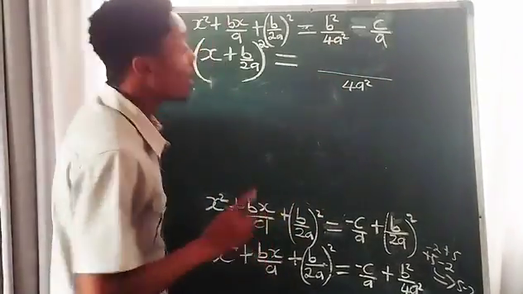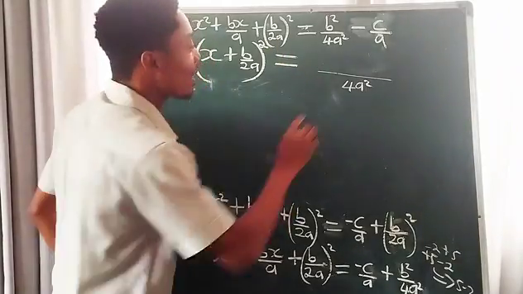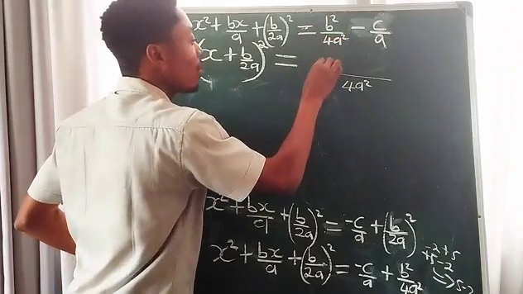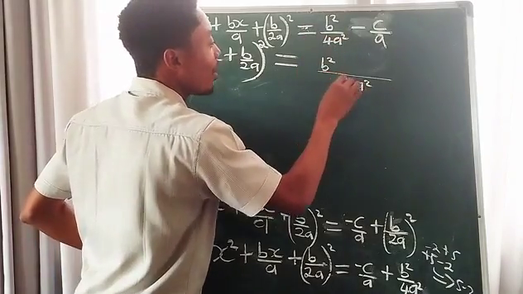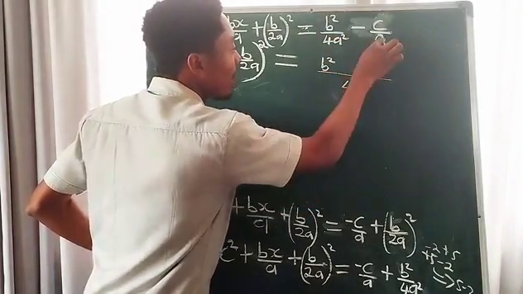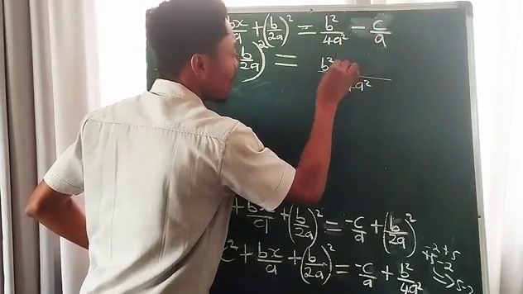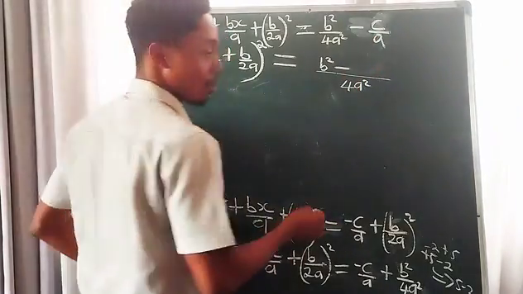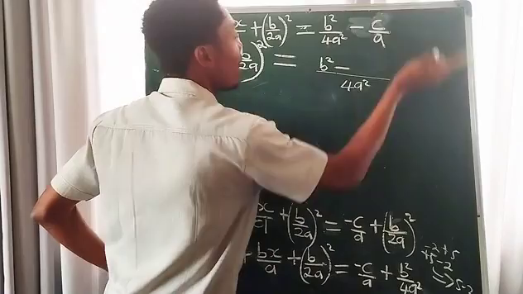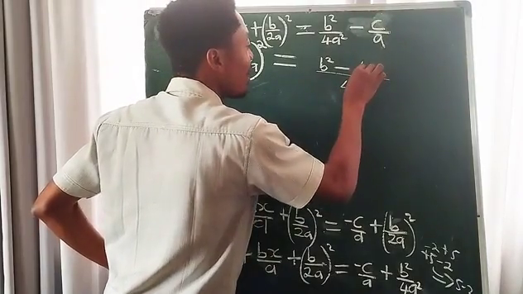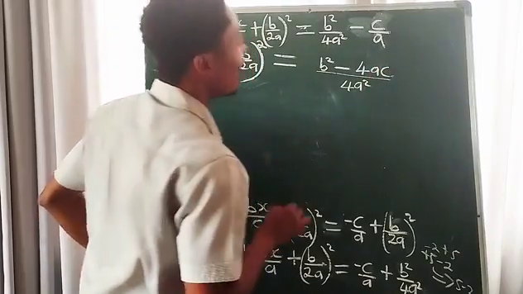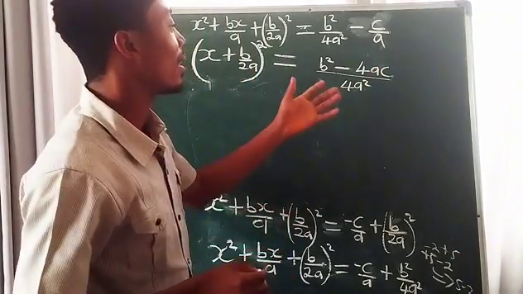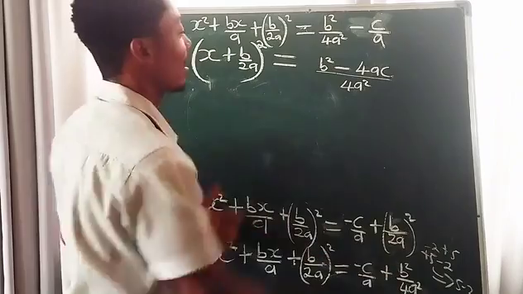After that, 1 times b squared is b squared. Then 4a squared divided by a, of course we bring in a minus sign, that's going to give you 4a. 4a times c will give you 4ac. So we have further simplified the right hand side.